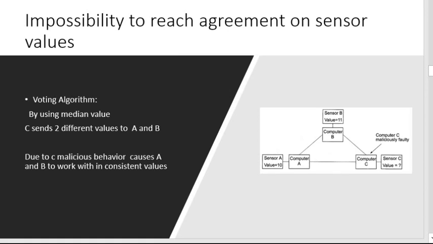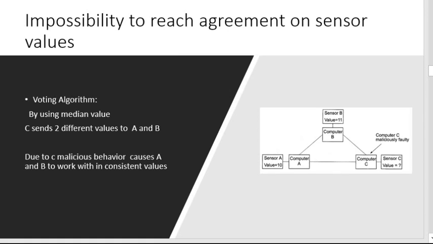Computer C sends two different values to computer A and computer B. Computer C sends value 9 to computer A and value 12 to computer B. Assuming the median, computer A decides its value as 10 and computer B decides its value as 11. Due to C's malicious behavior, A and B work with inconsistent values.